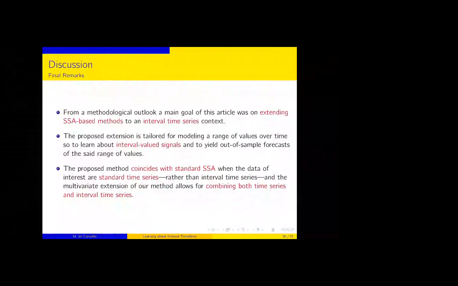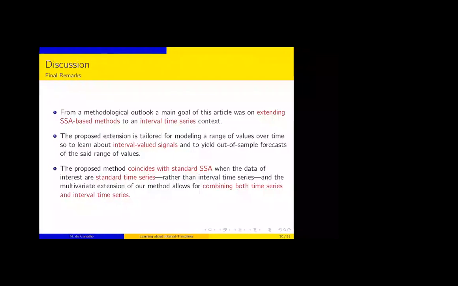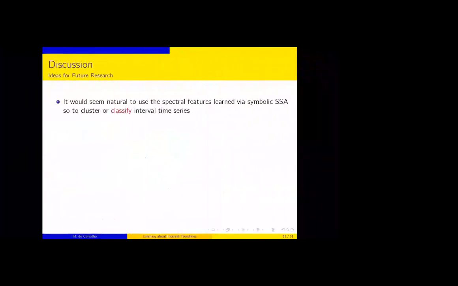In the paper, we also explored the multivariate version, which actually allows us to combine both standard time series as well as interval time series. So you could have a standard time series as well as an interval valued time series and try to model both at the same time. That's doable using this methodology.